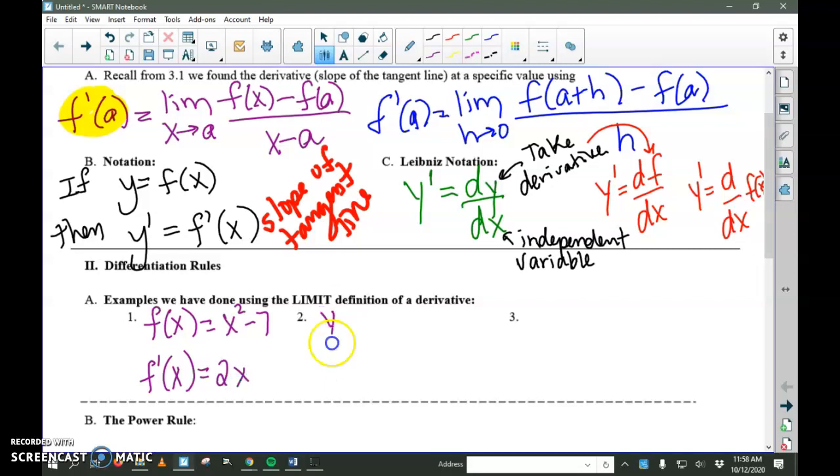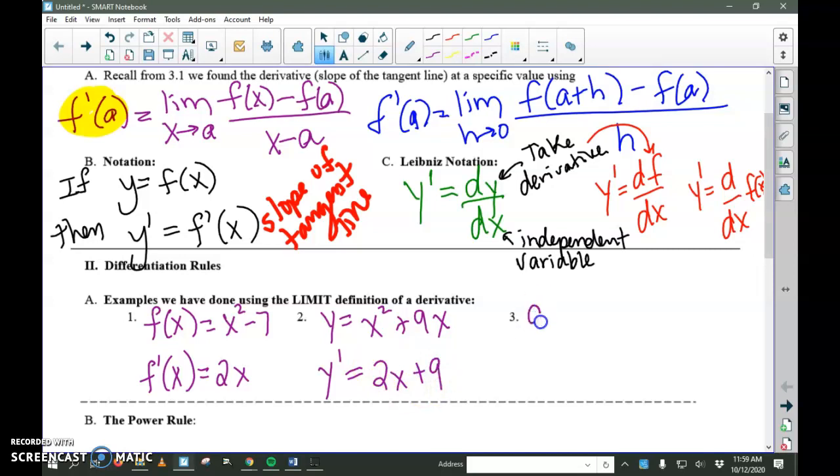Or the other equation we had was y equals x squared plus 9x. This is one of those practice problems on one of those practice worksheets. And again, you use the limit definition of a derivative. I think this was the second limit definition of a derivative. So you put your a's plus h's, simplified, factor out an h, and the general equation you found to find the slope of the tangent line was 2x plus 9.